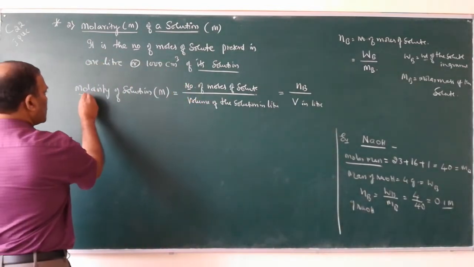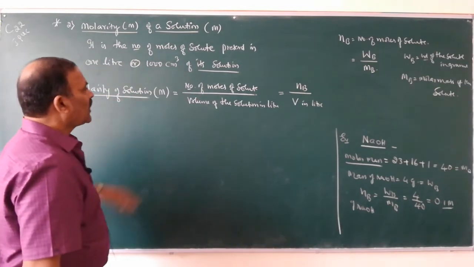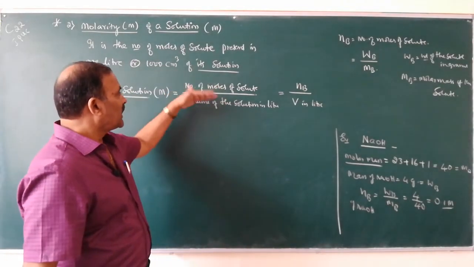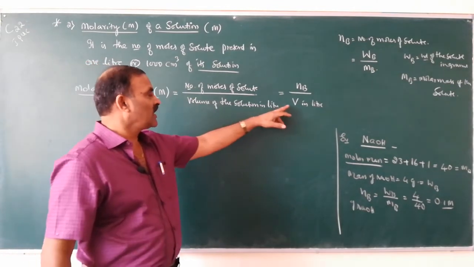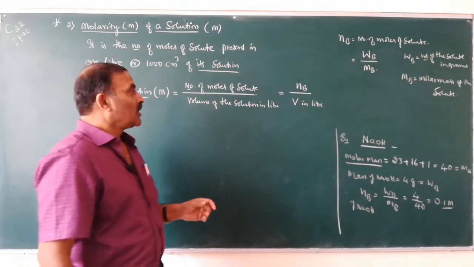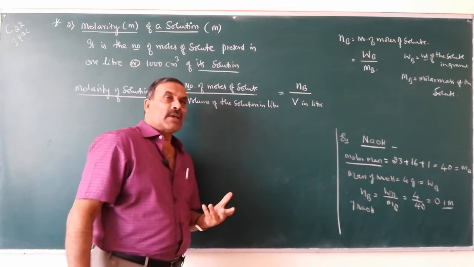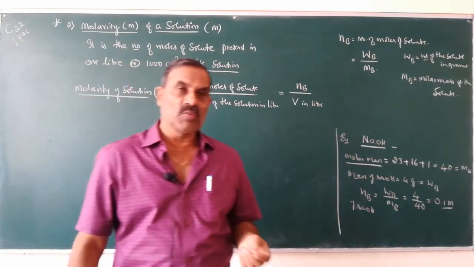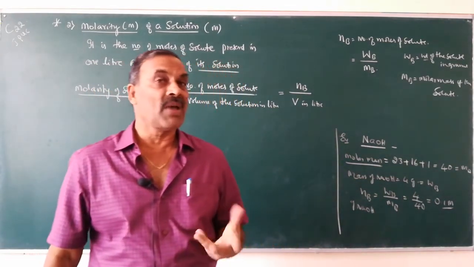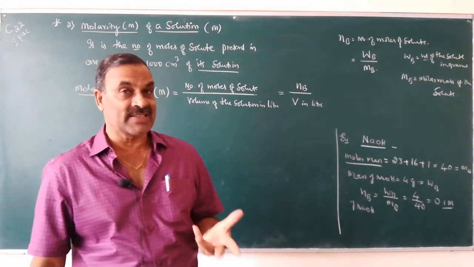So molarity of solution equals number of moles of solute divided by volume of the solution in liter. In laboratories, volume of the solution is given in ml, milliliters or cc.